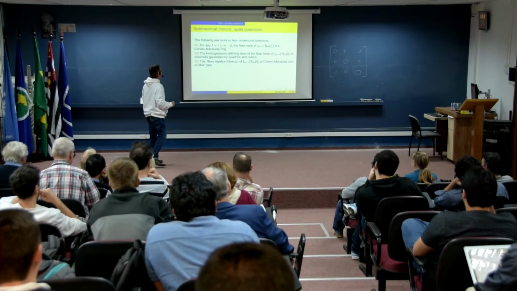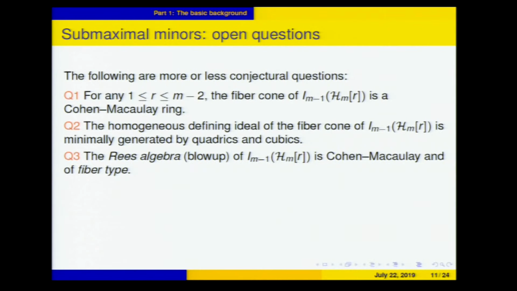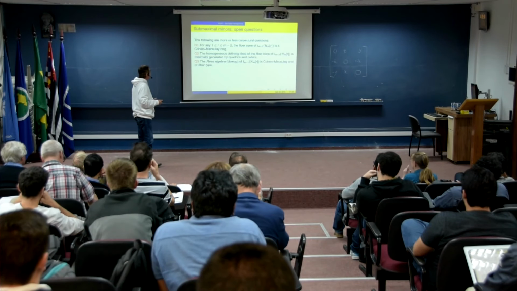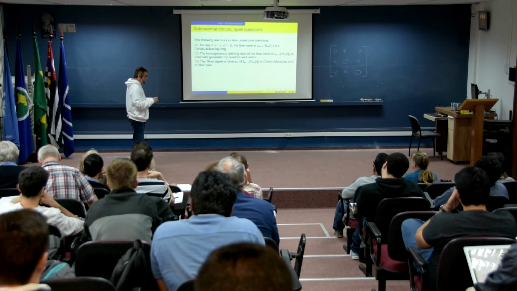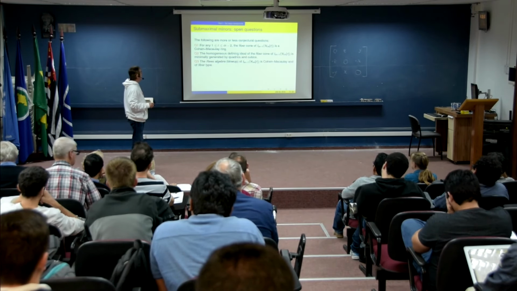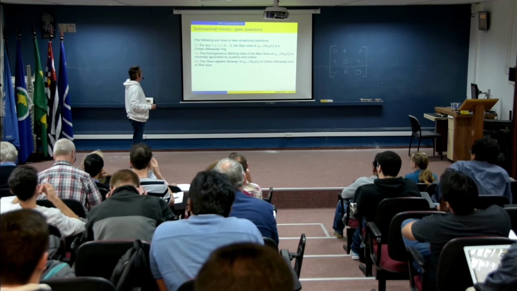So fiber type means it's a very technical thing about the Rees algebra. It has to do with the shape of the generators of the defining ideal of the Rees algebra. So I don't want to explain this well, but it's something very interesting. And again, there is some evidence, computation, and also theoretical a little bit. And we don't even know it's Cohen-Macaulay.